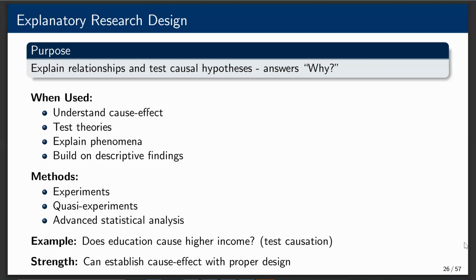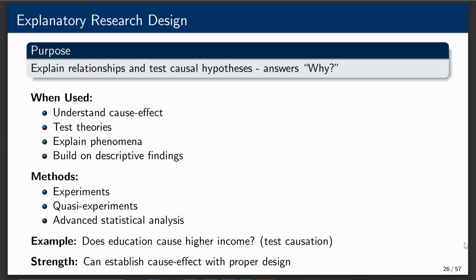Then explanatory research design. It explains relationships and tests causal hypotheses, answers why, because it understands the cause and effect relationship. You can test theories, you can explain phenomena, you can build on descriptive findings. What are the different methods of explanatory research design? Experiments, quasi-experiments and advanced statistical analysis. Like for example, does education cause higher income?